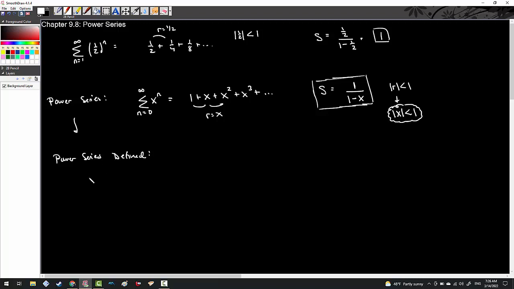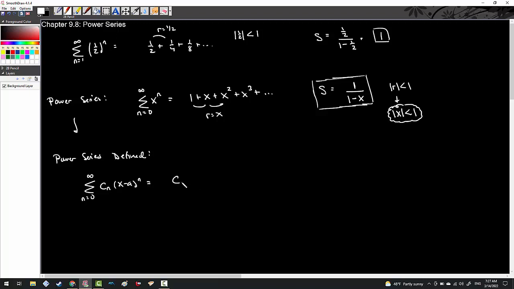But what the power series says is, if we have the sum from, say, n equals 0 to infinity of c sub n, which would be just some constant, times x minus a to the n.